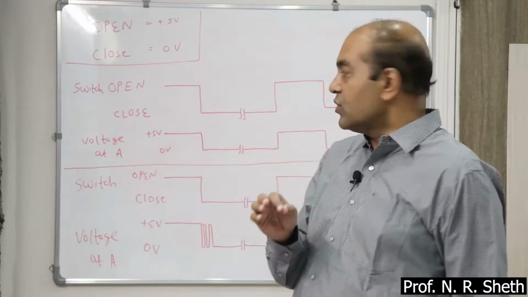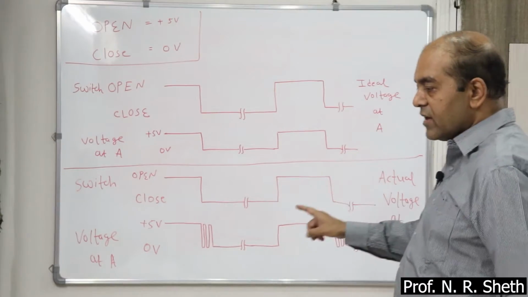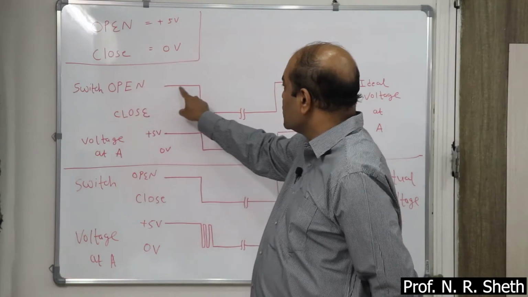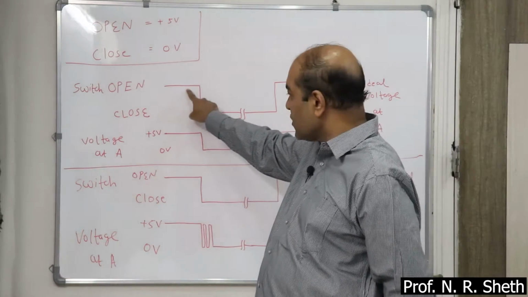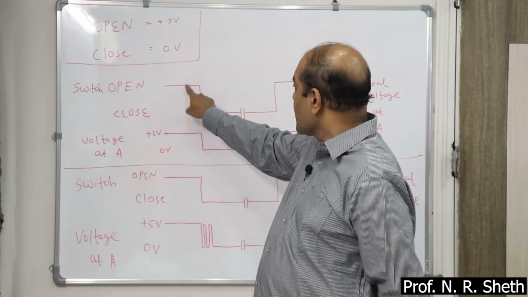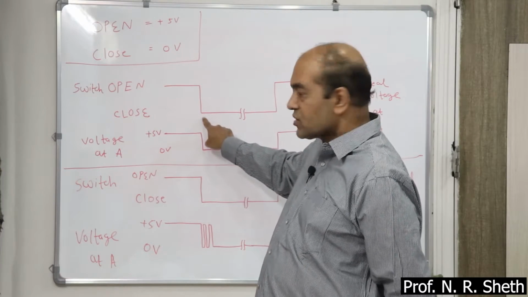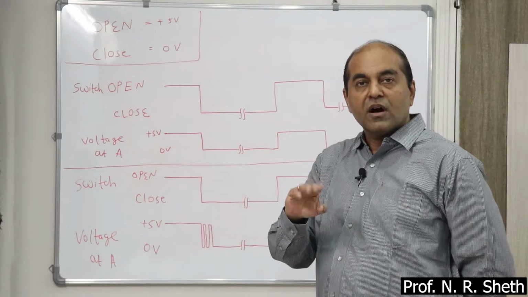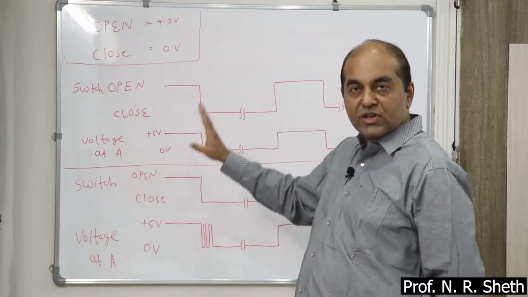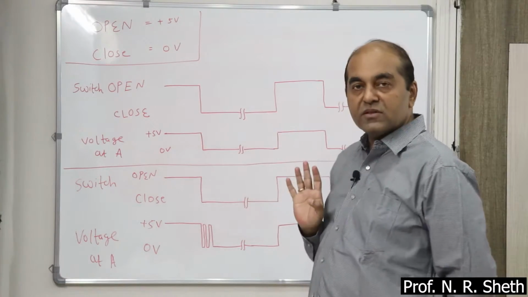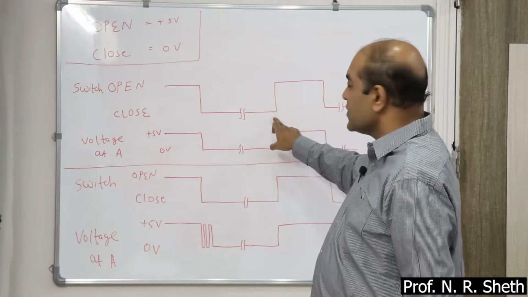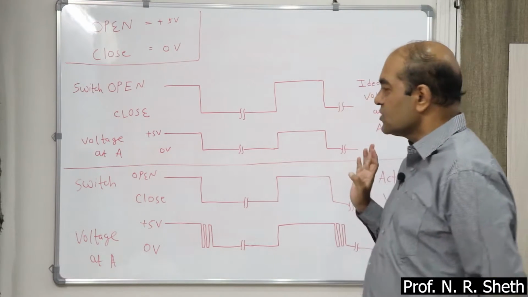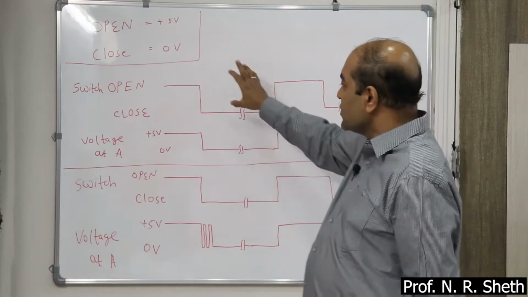So the ideal voltage at point A is like this. When the switch is open, you have plus 5 volt, as shown here. When the switch is closed, it is 0. Now this line indicates that unless and until the switch position is changed, it remains 0. Okay, so the switch is closed. Now once again when the switch is open, and so on. So this is the switch position.